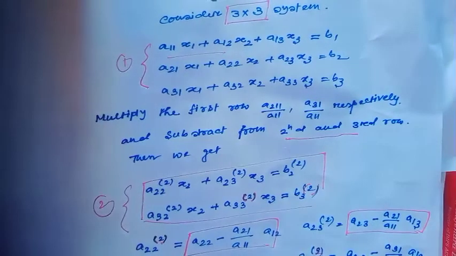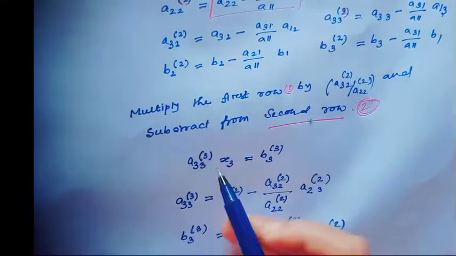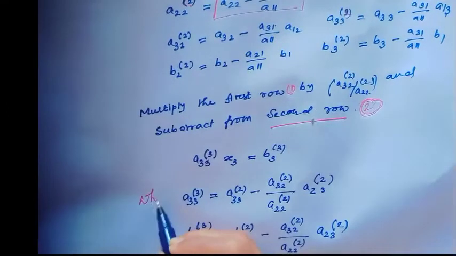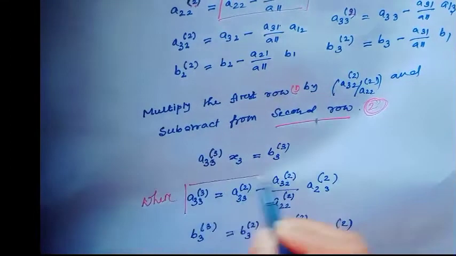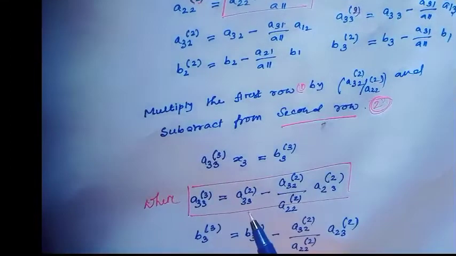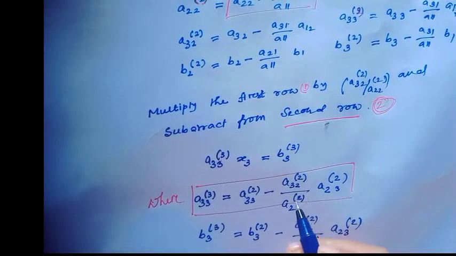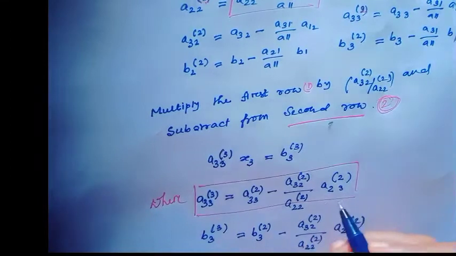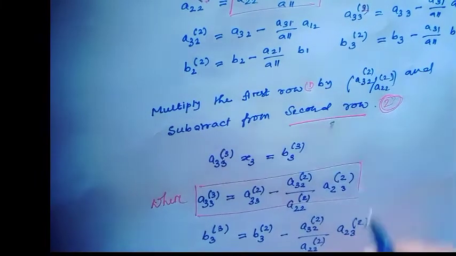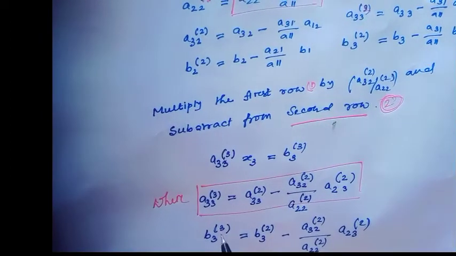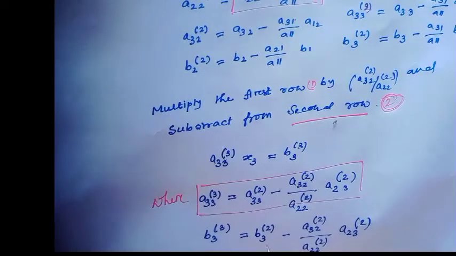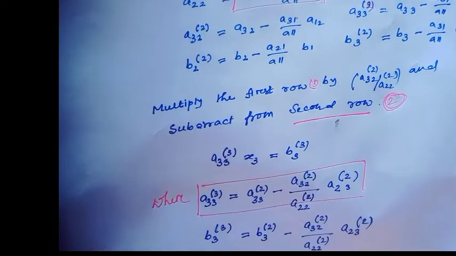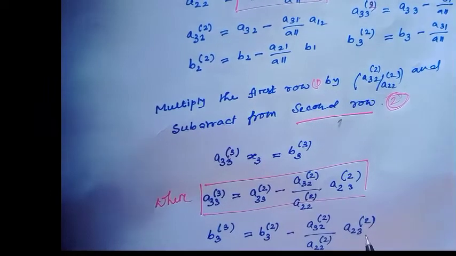Then I will get the final equation a33 suffix 3 x3 equal to b3 suffix 3, where obviously a33 suffix 3 means a33 suffix 2 minus a32 suffix 2 over a22 suffix 2 times a23 suffix 2, and b3 suffix 3 means b3 suffix 2 minus a32 suffix 2 over a22 suffix 2 times b2 suffix 2.